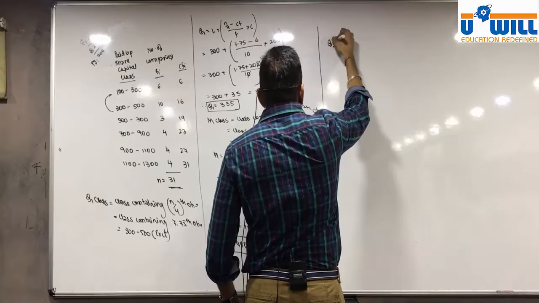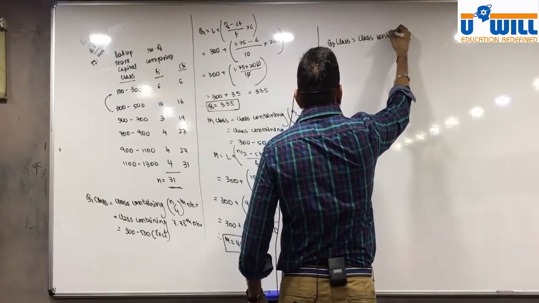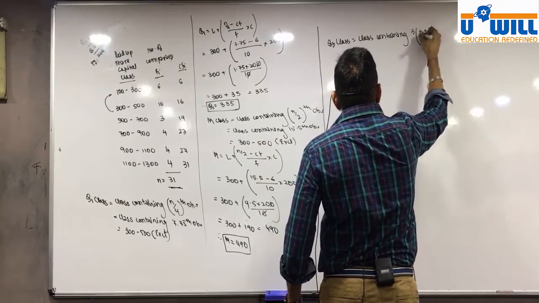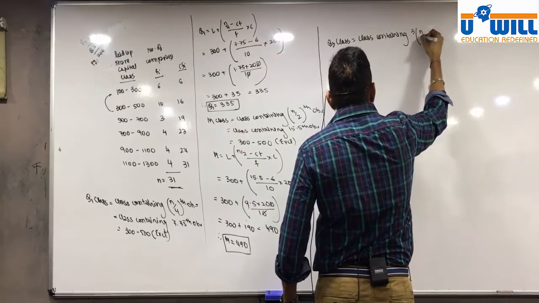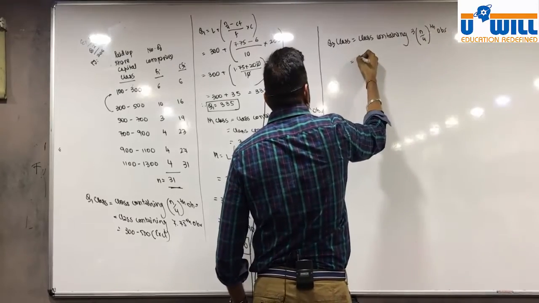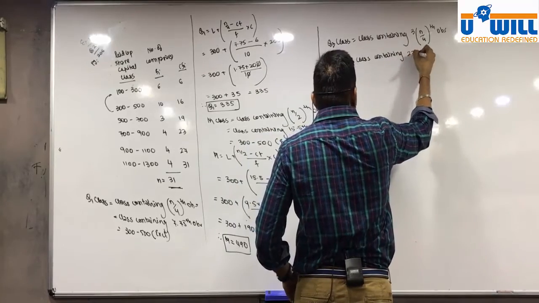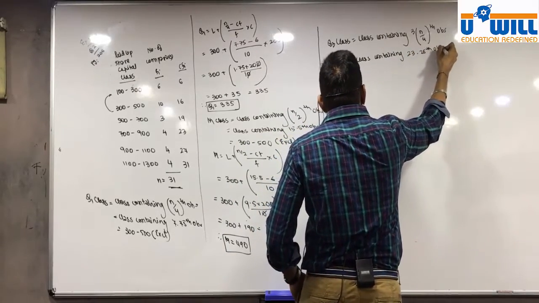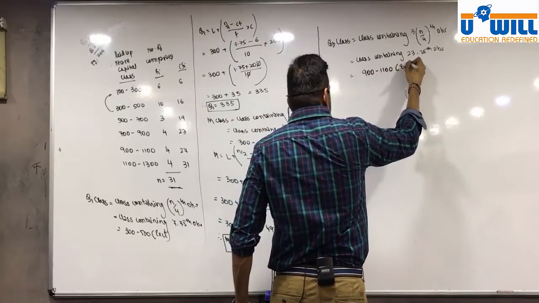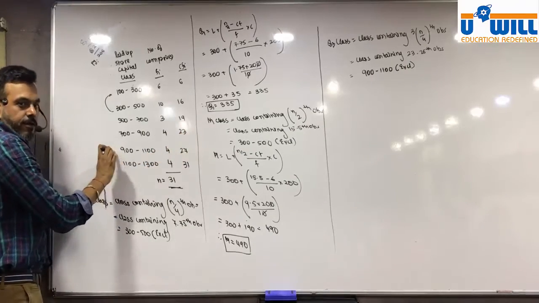Q3 class is equal to class containing 3n by 4th observation, which is equal to class containing 23.25th observation, 900 to 1100 exclusive, because it's 23.25, so we take the next class.